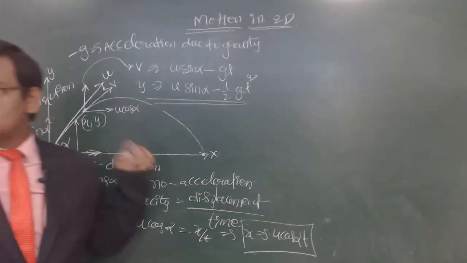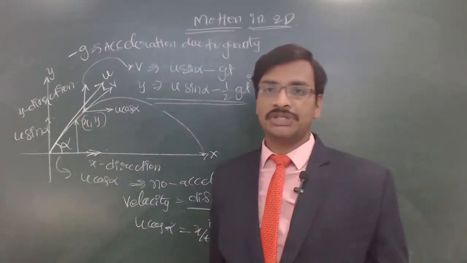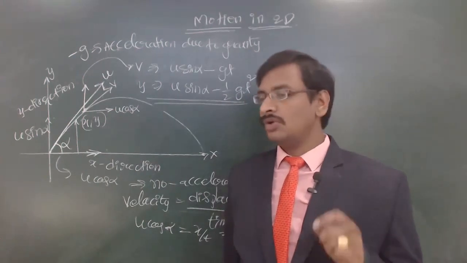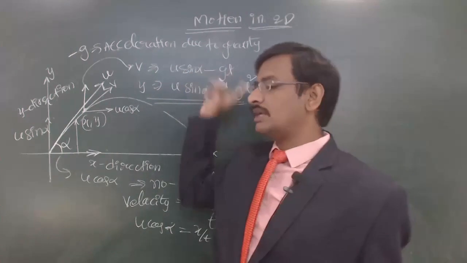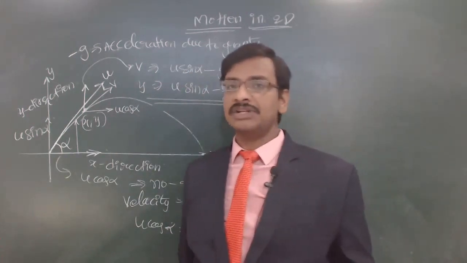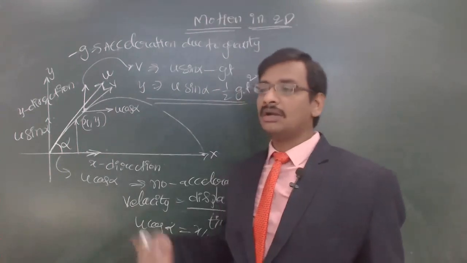So at any instant you have the information about the position in the form of x comma y, the velocity in the form of u cos alpha and u sin alpha minus gt, and the acceleration, horizontal acceleration 0 and vertical acceleration minus g. We have got all the information.